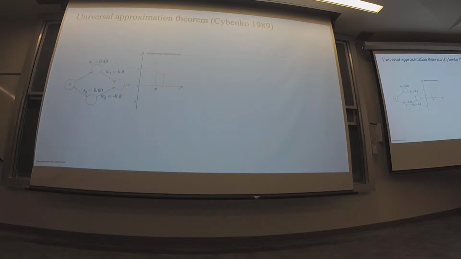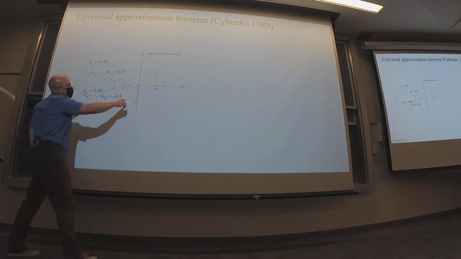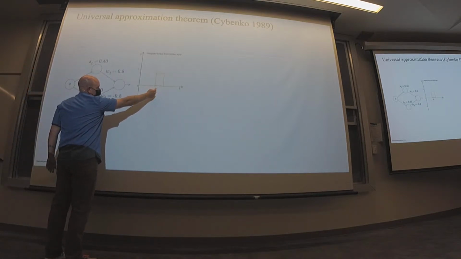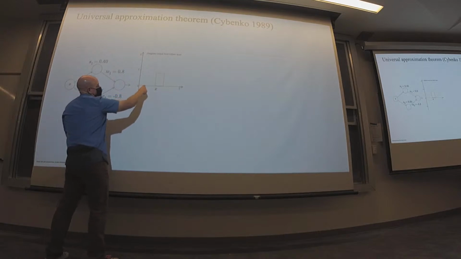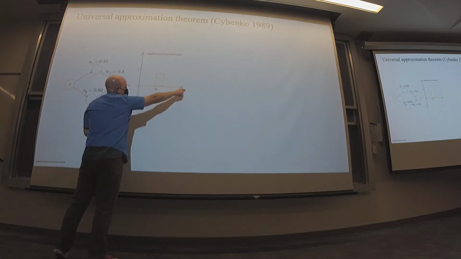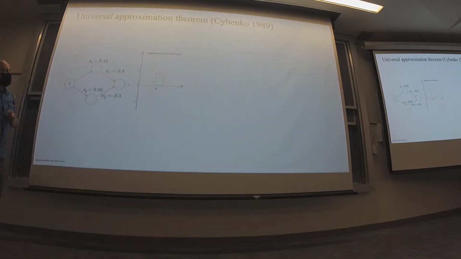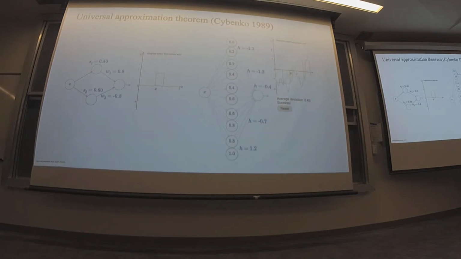So if we know that we can make step functions, or things that are approximately close to step functions, then we're good. The idea is that if you have two units for every dimension, one that steps you up and one that steps you back down, then you can create these step functions and put a whole bunch of these together in a single layer, right?